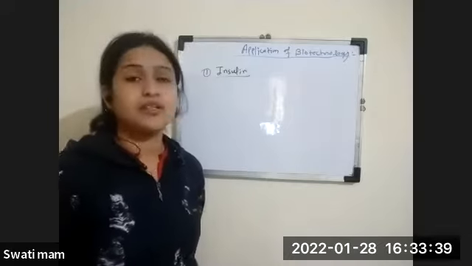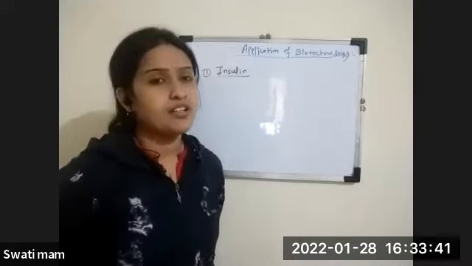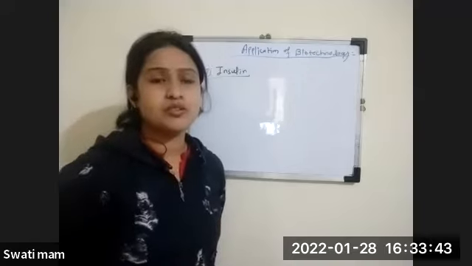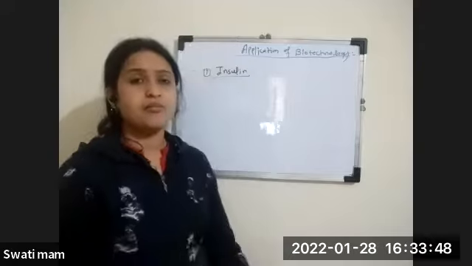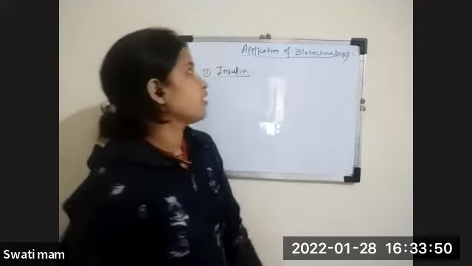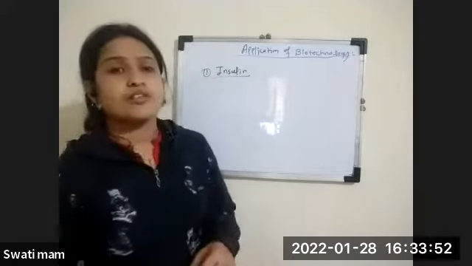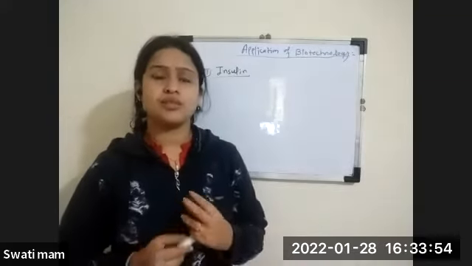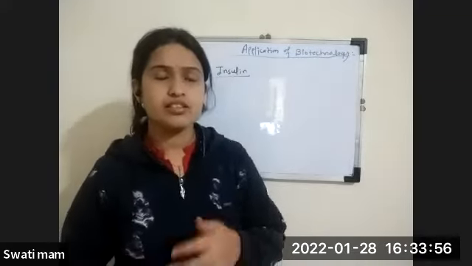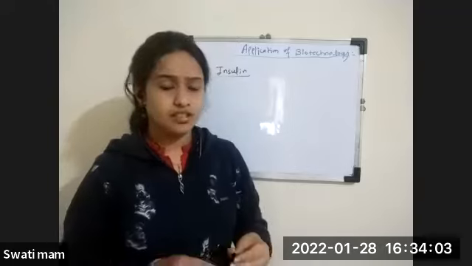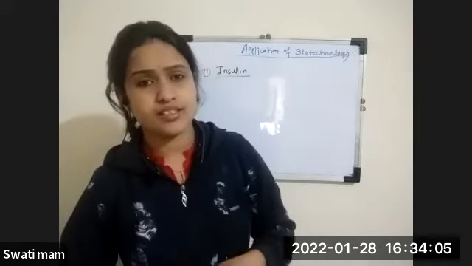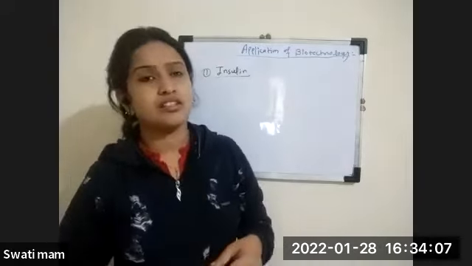So this is nothing but the insulin, and normally where is this insulin found within the human body? It is nothing but the beta cells of Langerhans within the pancreatic cells. Now the insulin is made up of two chains, alpha and beta chain. The alpha chain has 21 amino acids, and in the beta chain there is a presence of 30 amino acids.